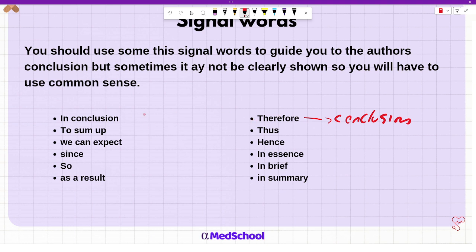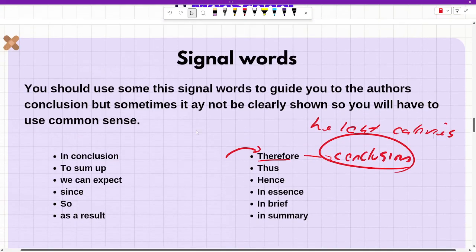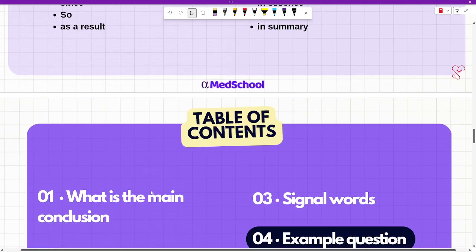It's the backstory, which leads to the therefore conclusion, which is he lost calories. Similarly here, we have hence and in essence, which basically mean the same thing. So be on the lookout for these words.